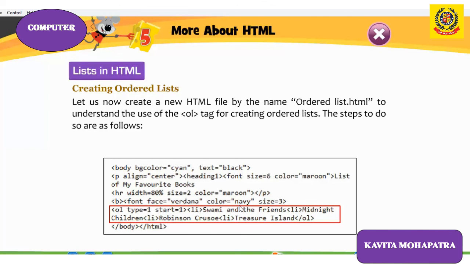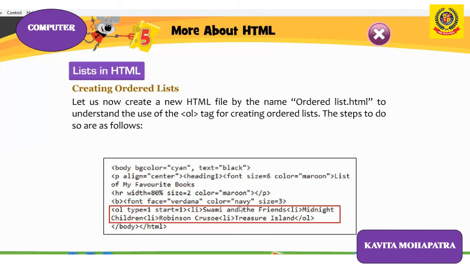Now HR width equal to 80%, size 2, color maroon, means one line. HR stands for horizontal rule, so it will display one line. HR width equal to 80%, size equal to 2, color equal to maroon. And B stands for bold, font face Verdana, color equal to navy, size 3.